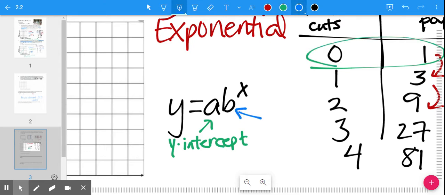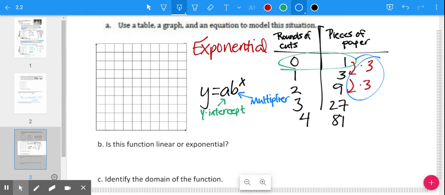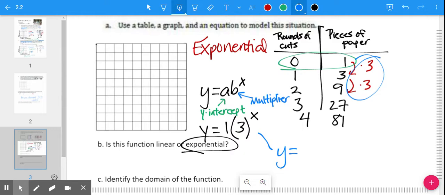And then b is your multiplier, which is that 3. So when we plug in what we know, we have y equals a is 1, b is the multiplier 3, x in the exponent for exponential. That 1 isn't quite necessary because anything times 1 is itself. So we could also rewrite this as y equals 3 to the x, and that x must be in the exponent.